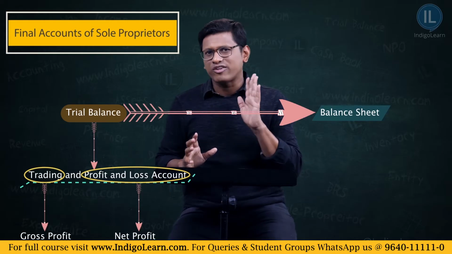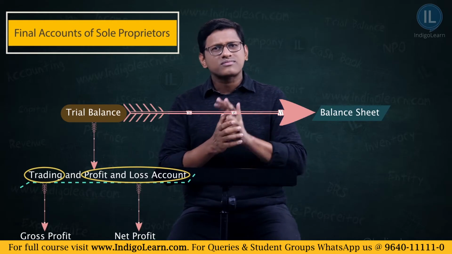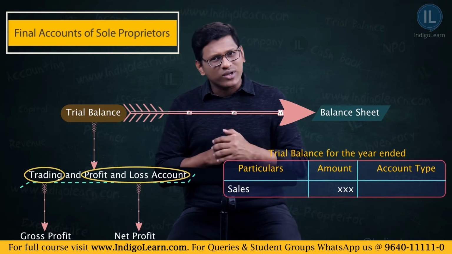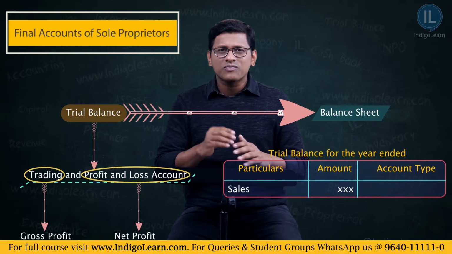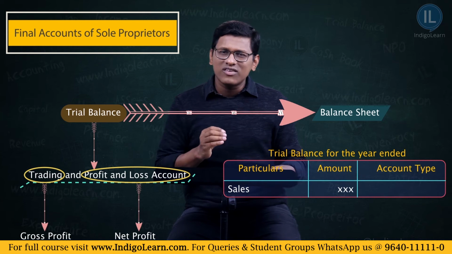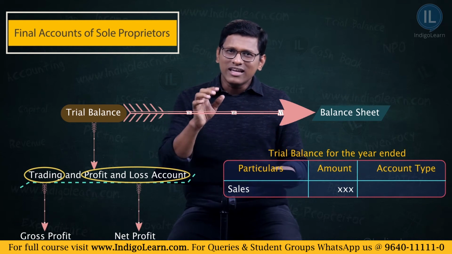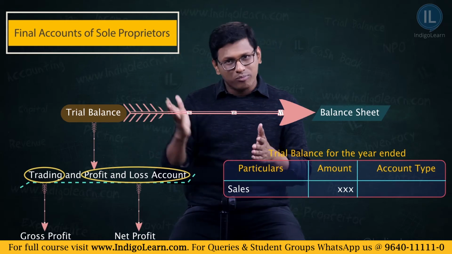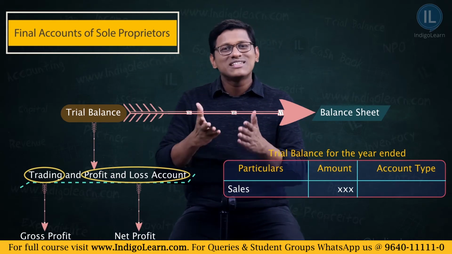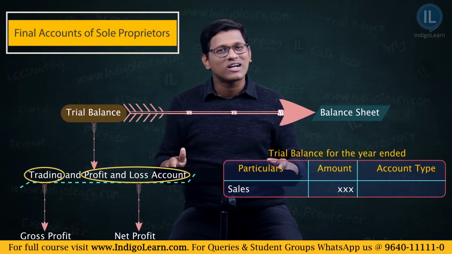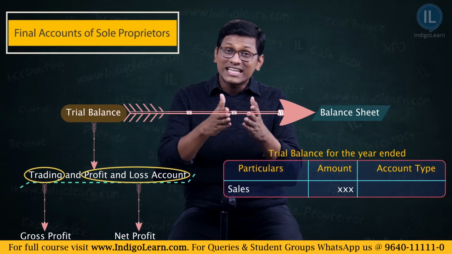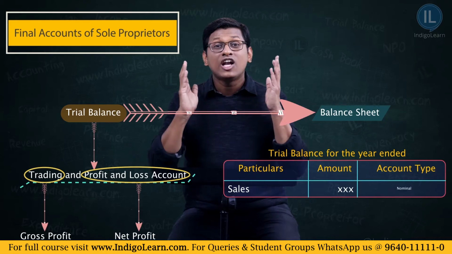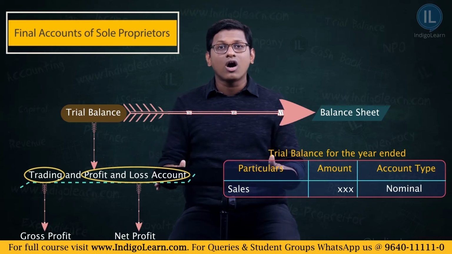Friends, listen carefully to the points I am making. Say, sales is one number which you have in the trial balance. Will that be the sales we made from the beginning of the company or the shop till now? No. Sales will be what we have done in this year. So that sales number is basically a nominal account.